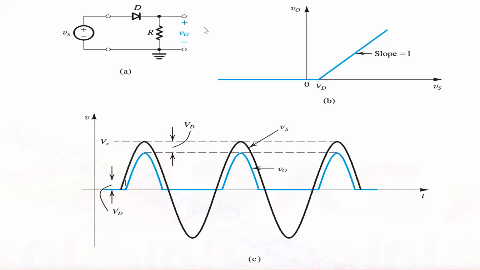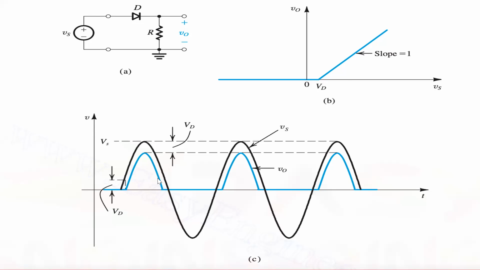So this is the circuit. This is a diode with a VD cut-in voltage. When Vs is pointing towards the diode, the diode is forward biased, so the current will flow through it. If Vs is a sinusoid, this black curve, then the output voltage VO is this blue curve.